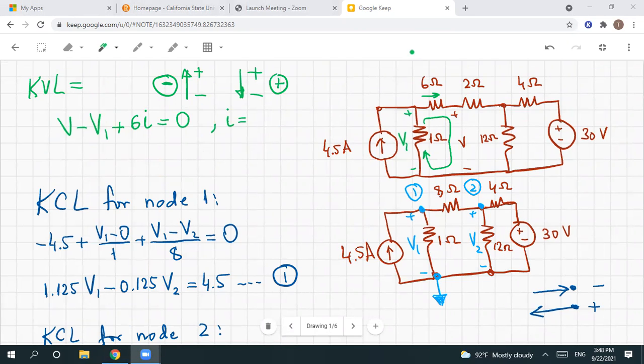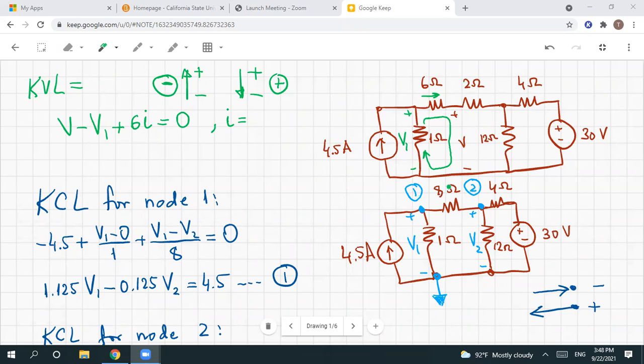I have a response in the chat box, V2 minus V1 over 8. But can you please double check the direction? I, according to our KVL, is the current flowing from this point to this point. So what will be the formula for this I?